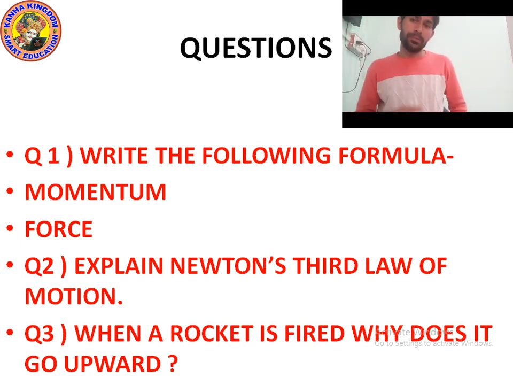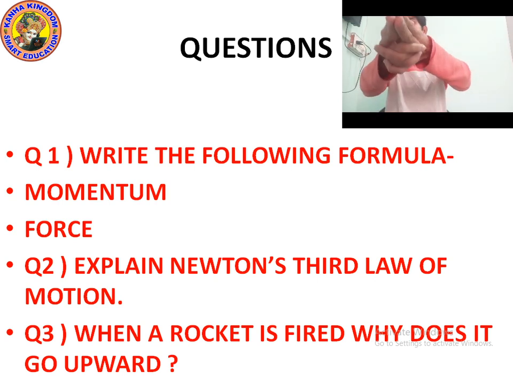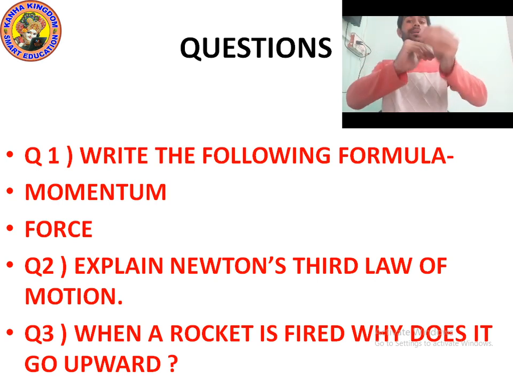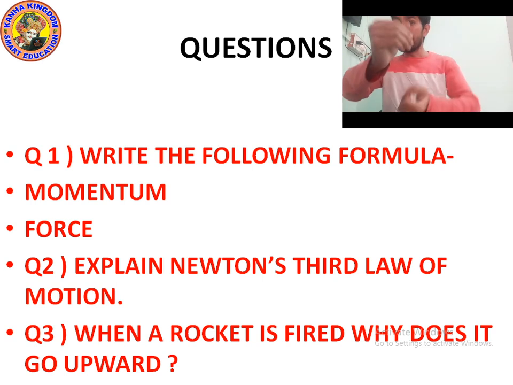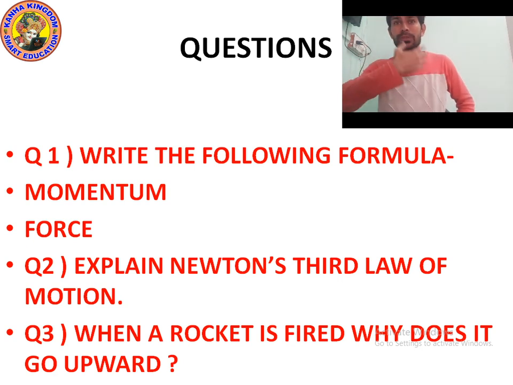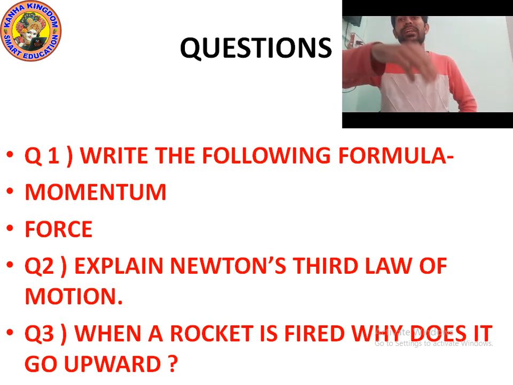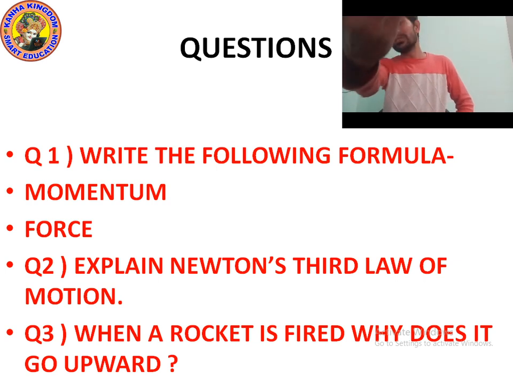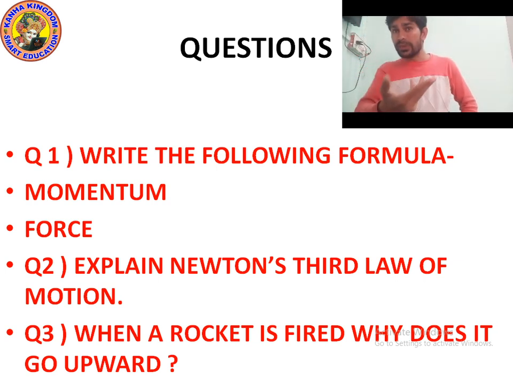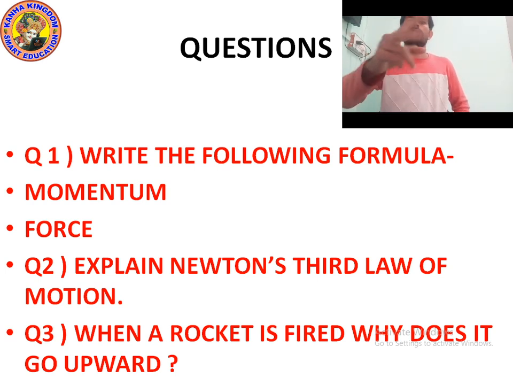One more example: when a sailor jumps out of a boat, he exerts a backward force on the boat, which is the action, and the boat exerts an equal and opposite force on the sailor, which is the reaction. So the sailor jumps forward. Yes, it's very easy. Question number three.